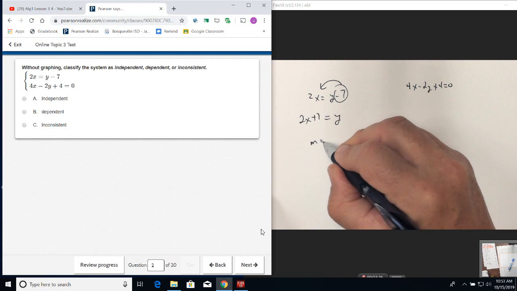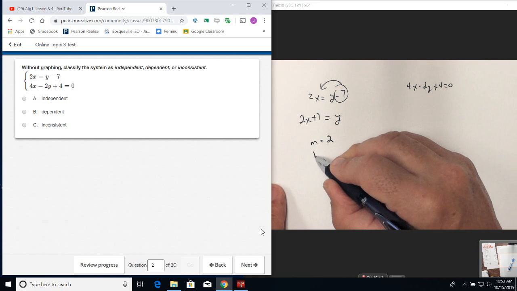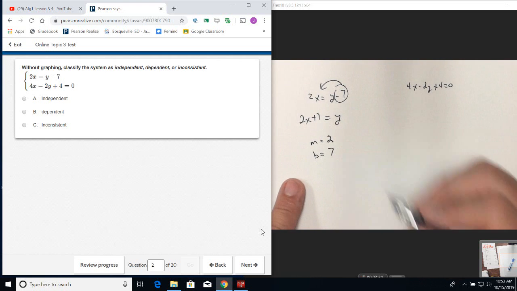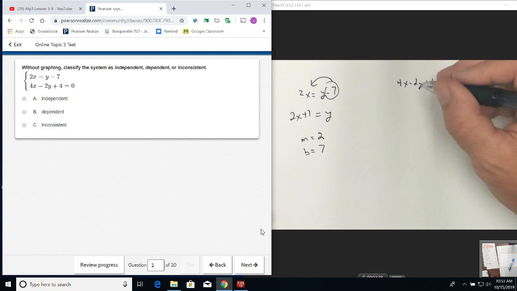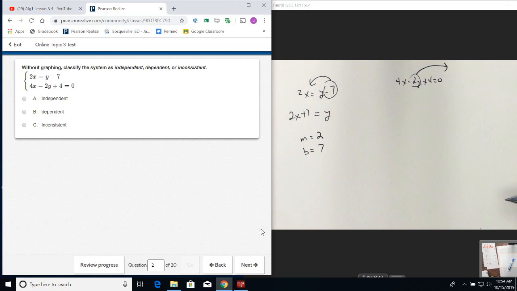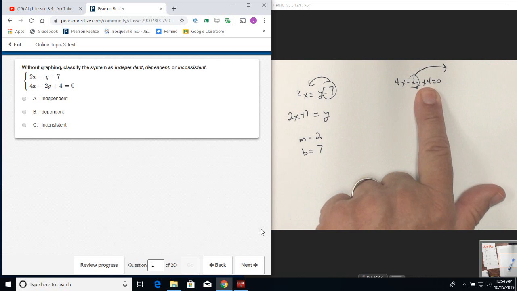So what's the slope of this one? The number in front of the x is the slope. And then what's the y-intercept? Remember the y-intercept is indicated with the letter B. It's 7. Do the same thing for this equation. To get the y by itself, I just need to move that 2y across. Why the 2y across? Because I've already got my x, and I've already got a y-intercept kind of over here on the left side.